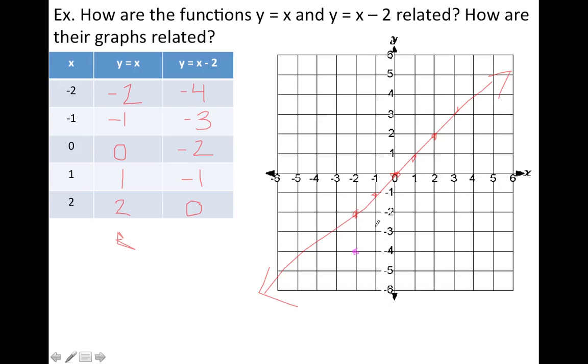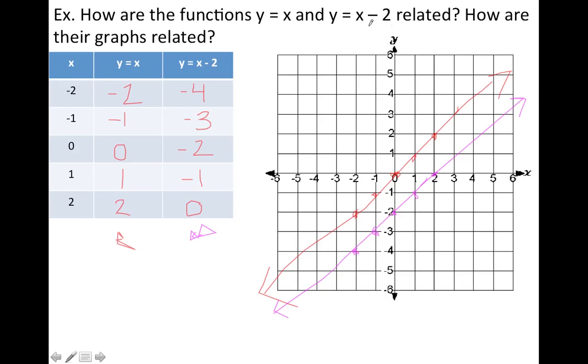We have 1, negative 3, 0, negative 2, 1, negative 1, and 2, 0. So again, this is this equation here. Connect your points together. And if you notice, going from our parent function to our transformation, if we started at 0, we go down 2, down 2, down 2, down 2.